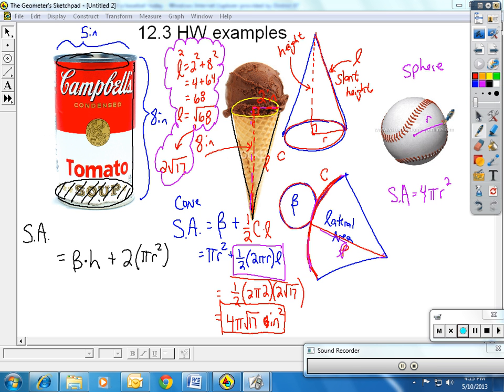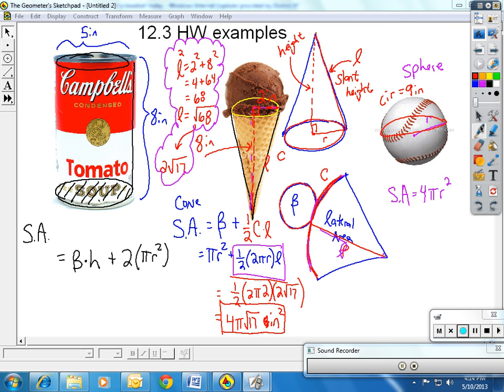Well, if I'm not mistaken, the circumference of a baseball is equal to 9 inches. So if circumference equals 2 pi r, 2 pi times 9, oops, I'm sorry, going backwards. I know the circumference.